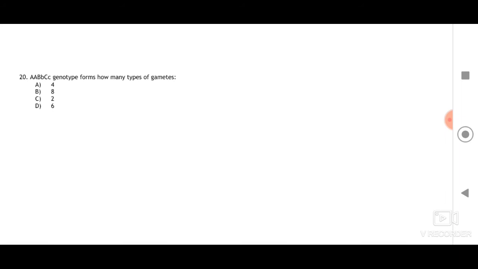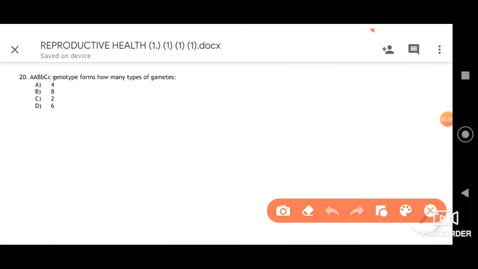20th question: we have capital A, capital A, capital B, small b, capital C and small c genotype. How many types of gametes? Dear friends, let me tell you, here we use a formula, 2 to the power of n, to find out how many types of gametes are present in, for example, a polygenic inheritance genotype.